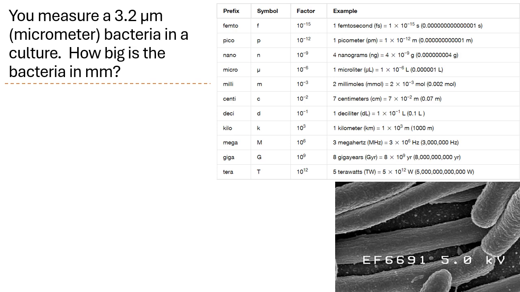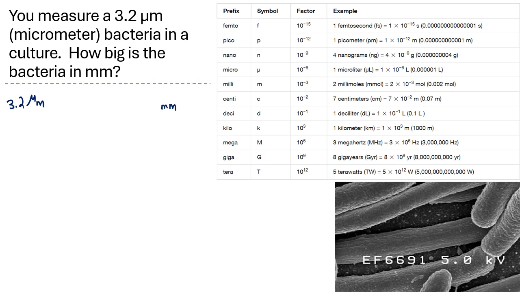We know that we are asked to convert the 3.2 micrometers to millimeters. The SI unit table from our text gives us the relationship of every prefix to the base unit.